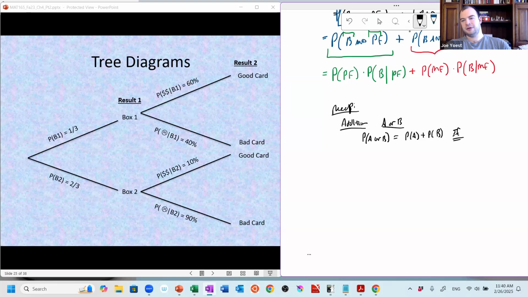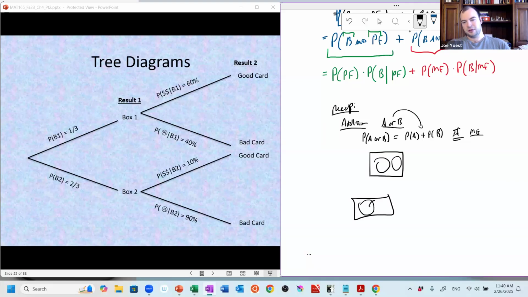If our events were mutually exclusive, sharing no outcomes in common, then probability of A or B equals probability of A plus probability of B. So the or turns into a plus, and we had Venn diagrams to help us here. Or if they were not mutually exclusive, there are some outcomes that are shared between the two events.